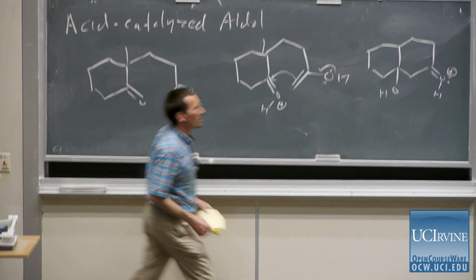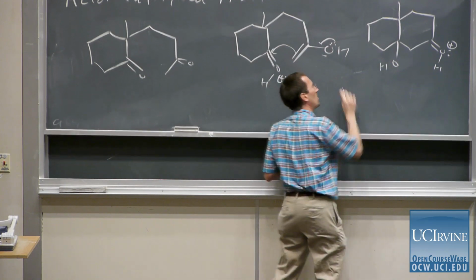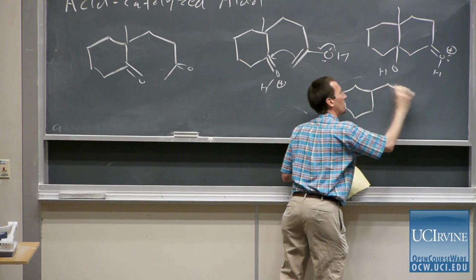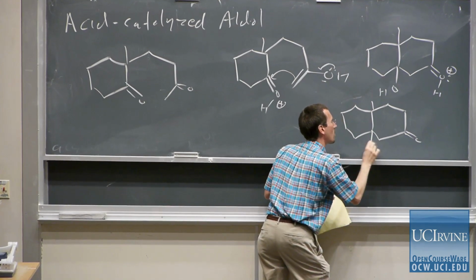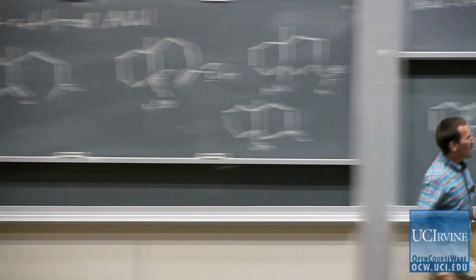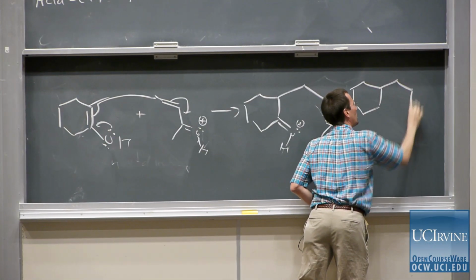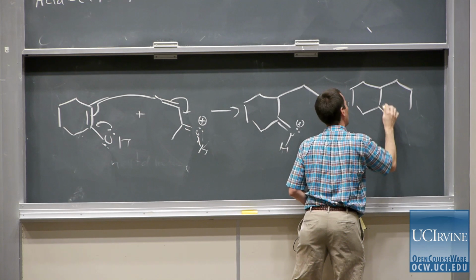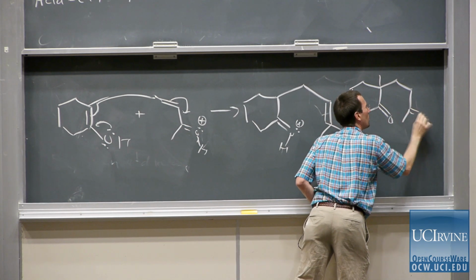Protons come on, protons go off. So now that brings us over here. So if you want, just for the hell of it, I will write out my product over here. But again, you should be able to go ahead and work through this on your own.